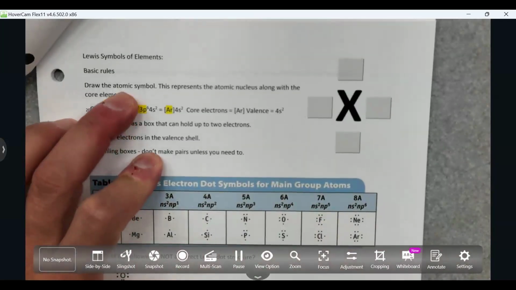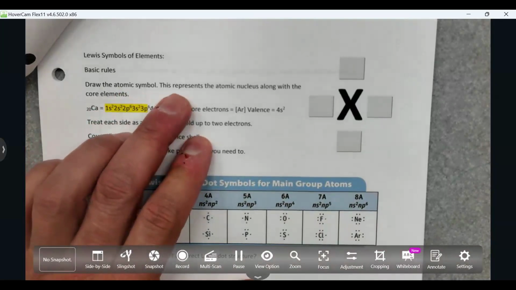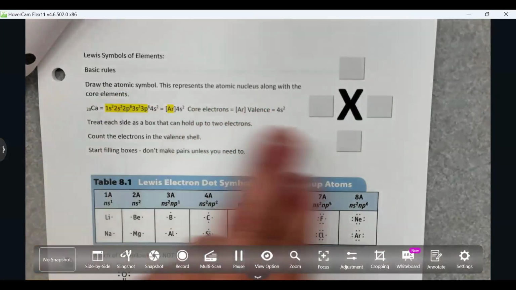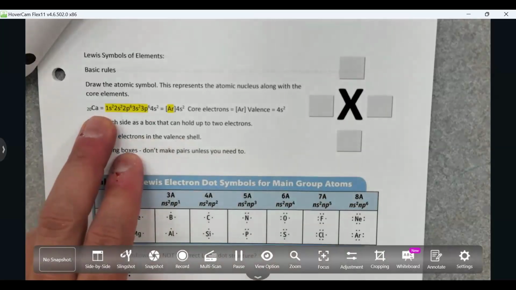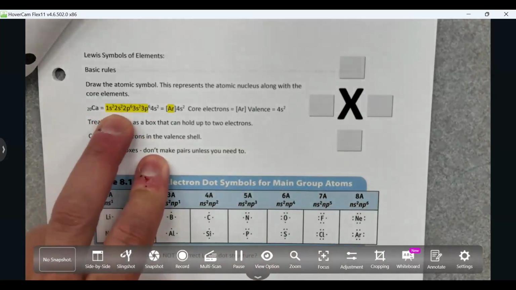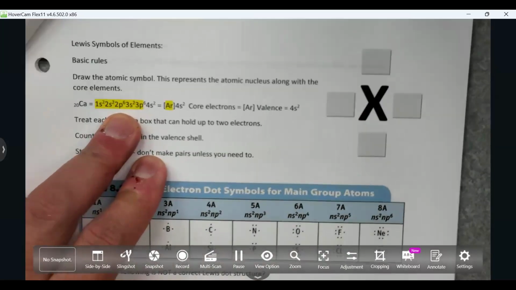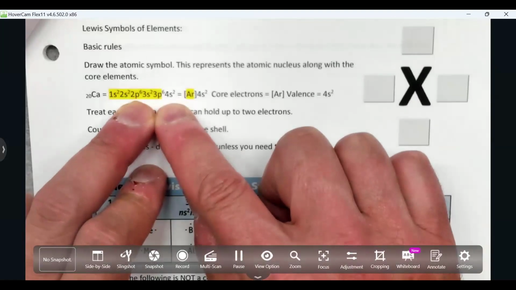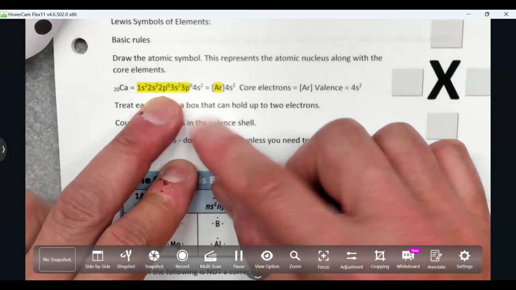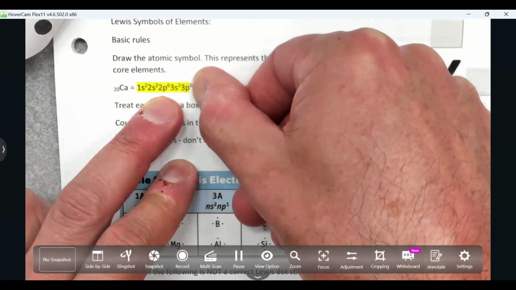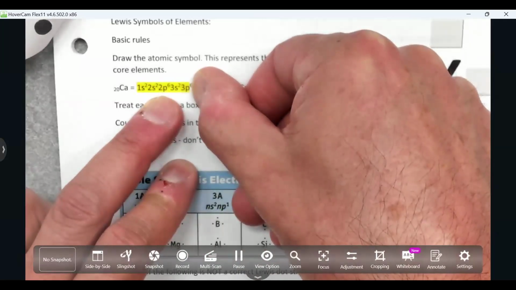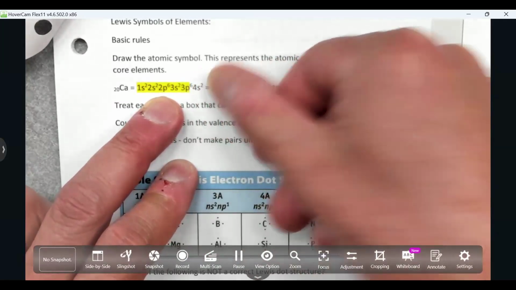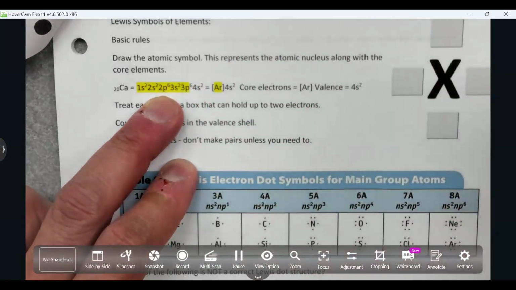So it says draw the atomic symbol. This represents the atomic nucleus along with the core electrons. If we take calcium, 1s2, 2s2, 2p6, 3s2, 3p6, 4s2. This is my core electrons. I have two valence electrons, correct? Just these 4s2 is my valence electrons.